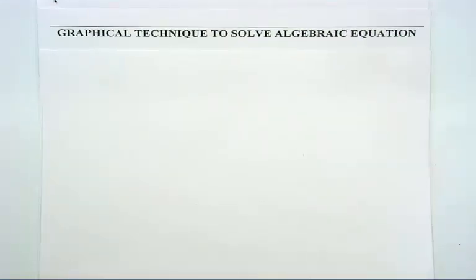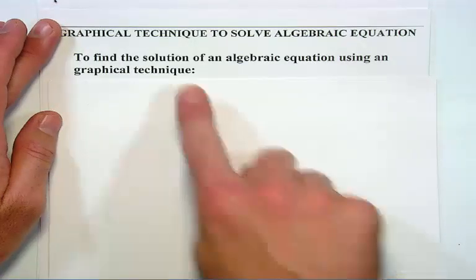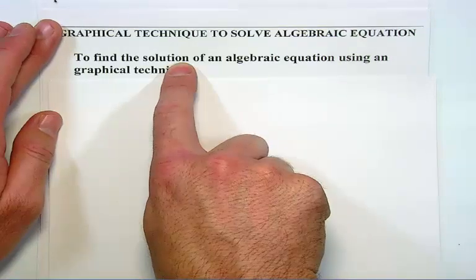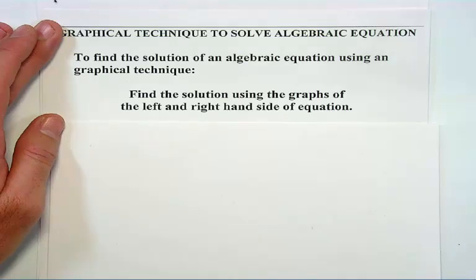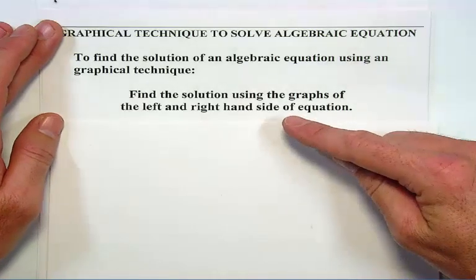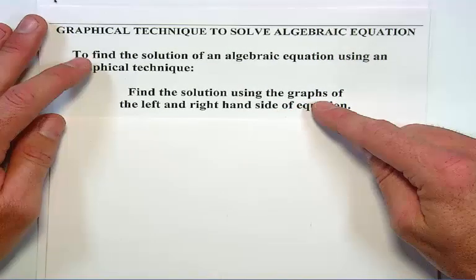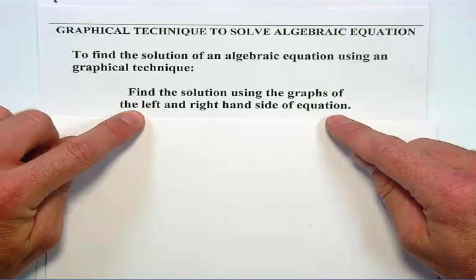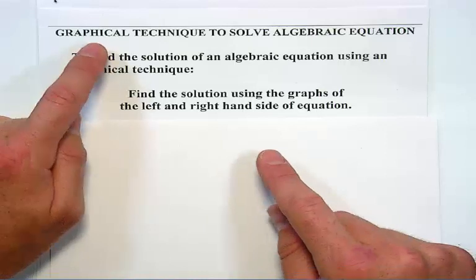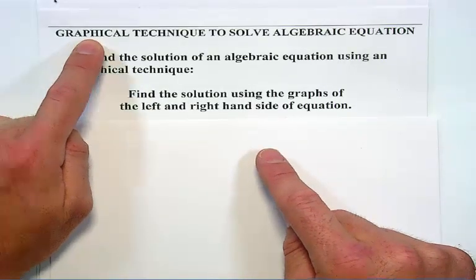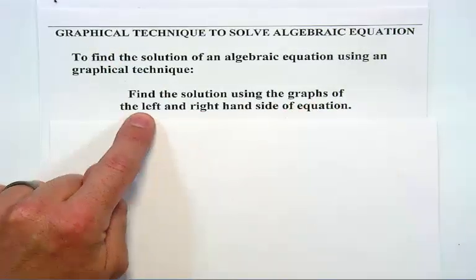Second technique is a graphical technique to solve algebraic equations. And we say to find the solutions, there could be more than one, of an algebraic equation using a graphical technique, we find these solutions by using the graphs of the left and right hand sides of the equation. We'll talk more about that later, but the main idea is to solve an equation graphically, we use graphs of the left and right hand sides.